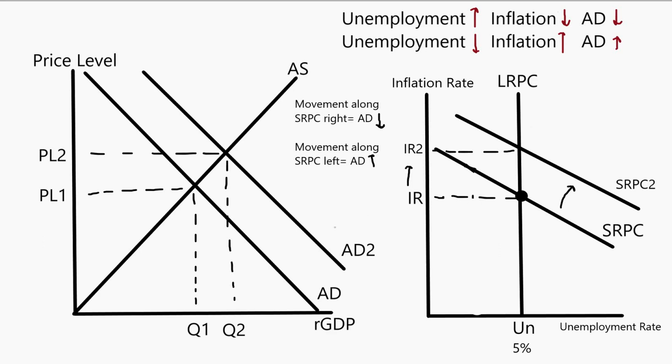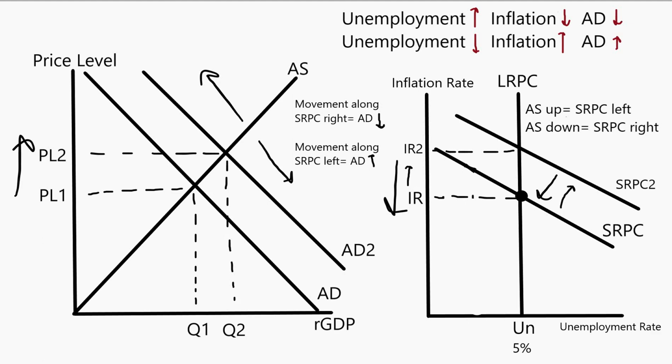Therefore, a rise in SRPC correlates with a fall in AS, because a fall in AS is what will make price levels go up. So if SRPC shifts left or down, inflation rates go down, meaning AS has gone up, since that's what's going to make price levels fall with regards to AS.